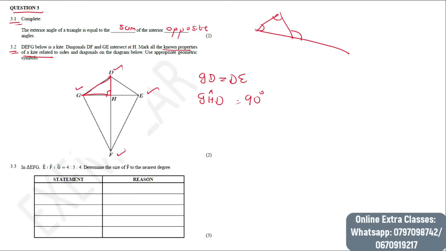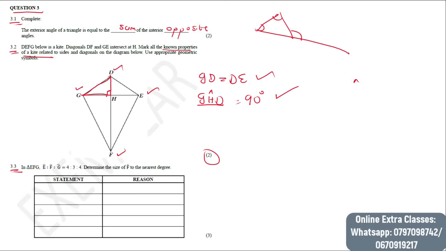So this is our 90 degrees. So angle H is equal to 90 degrees. Those are the two properties that we can identify. It will be 1 mark each. Remember, it's only 2 marks.